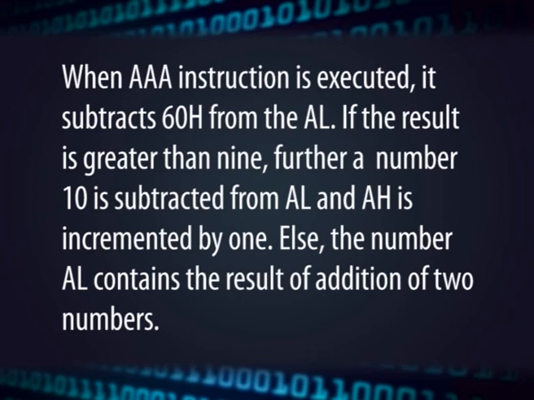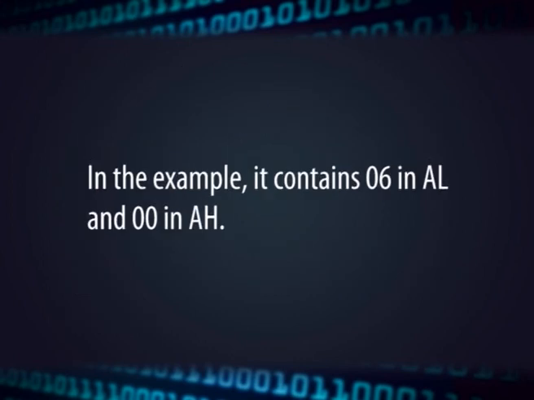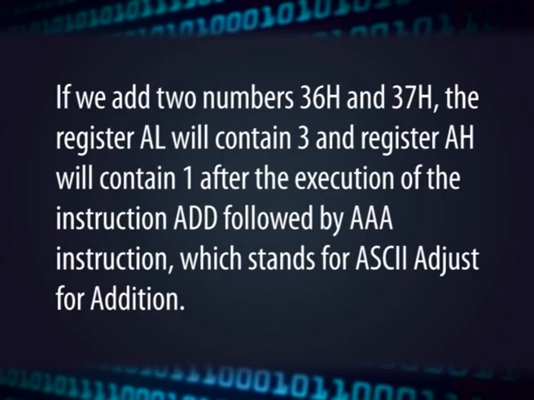Else AL contains the result of the addition of the two numbers. In the example, it contains 06 in AL and 00 in AH. If we add two numbers 36 hexadecimal and 37 hexadecimal, register AL will contain 3 and register AH will contain 1 after the execution of the ADD instruction followed by the AAA instruction, which stands for ASCII adjust for addition.